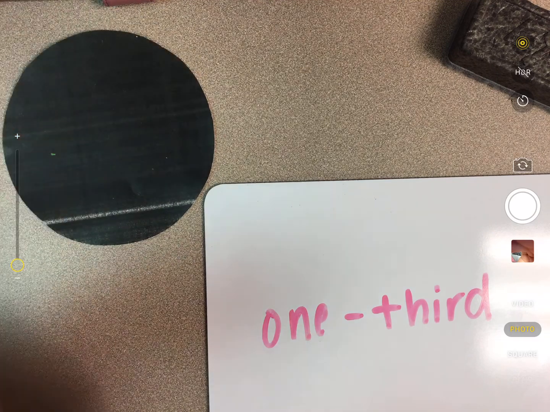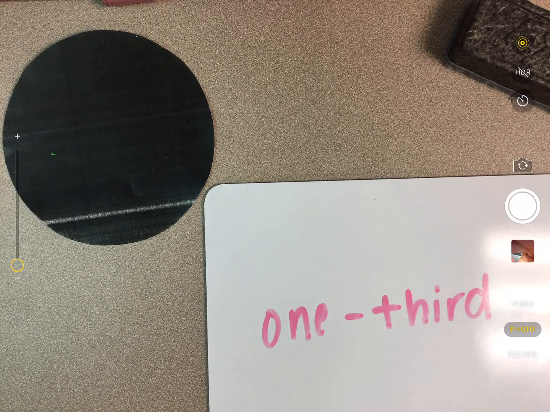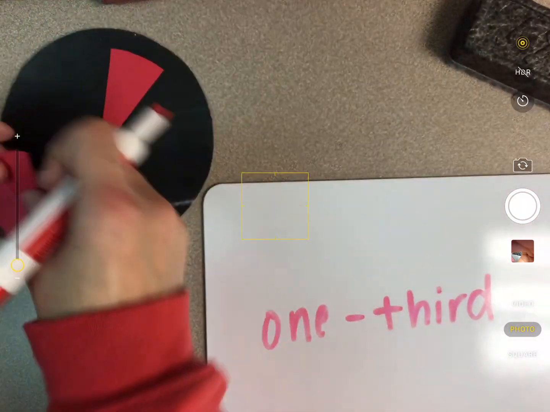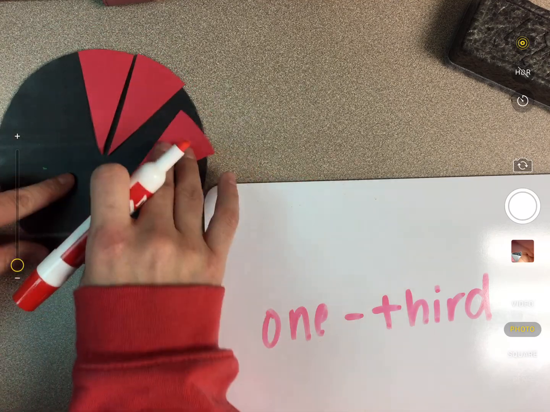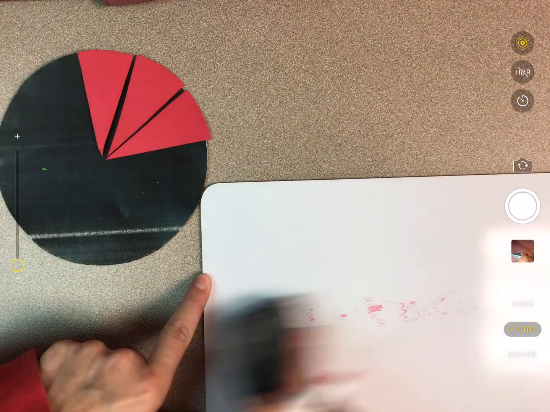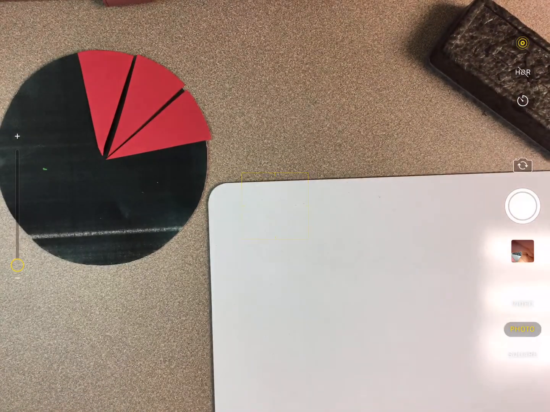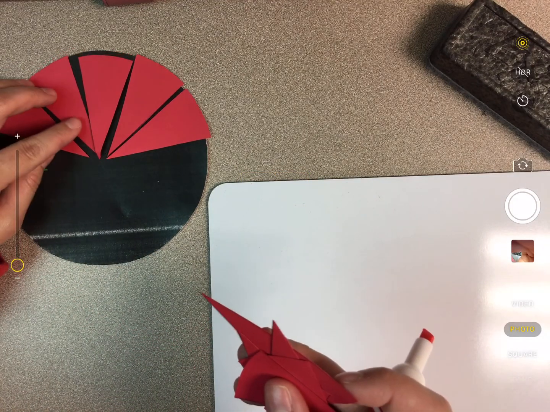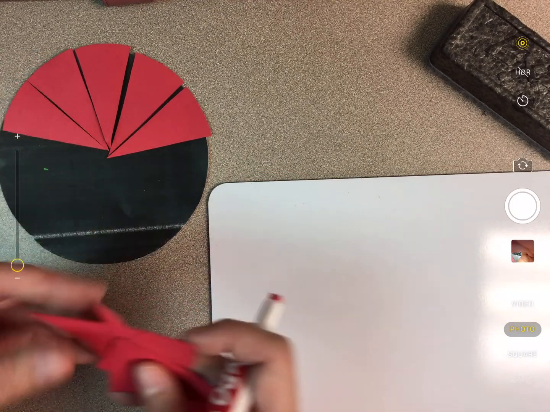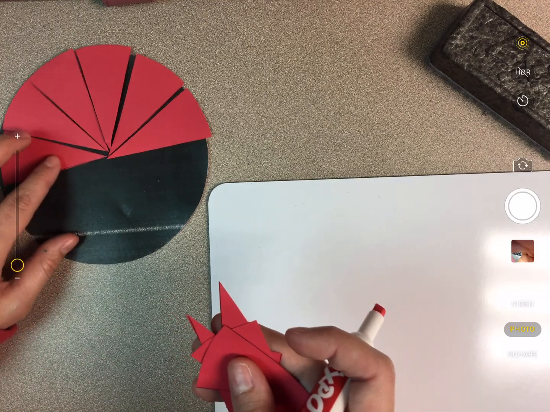Now I want to know, what is the value of 3 reds on my black circle? And remember, in order to figure this out, you may need to grab all of your reds and fill out your black circle like this. Go all the way around.